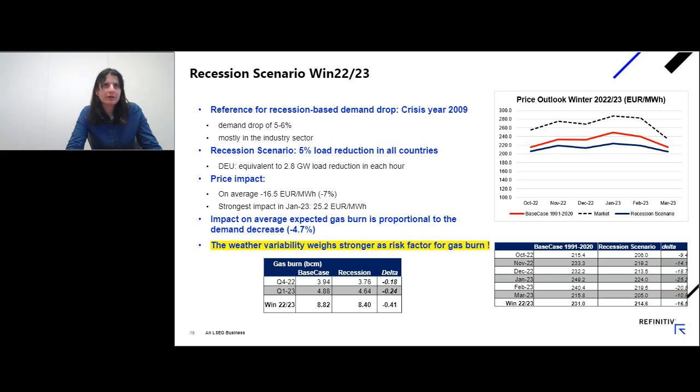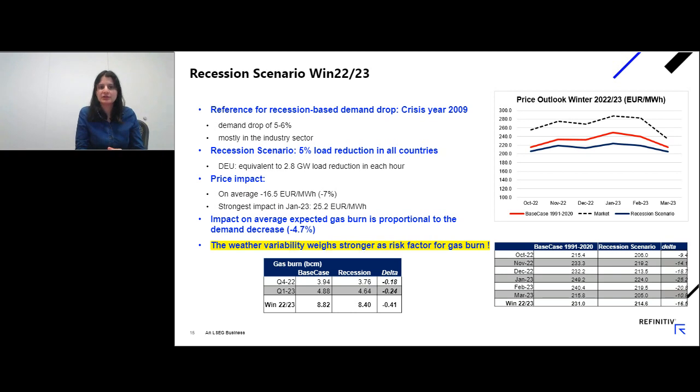We don't really have a proper assessment or cannot really say how much lower gas demand or lower gas supply would result in for the power demand. But we took one reference year that most of us still remember very well, the crisis year 2009, where we observed a demand drop of 5 to 6%, which was mostly in the industry sector, so affecting the base load and not so much the heating demand and the peak demand.